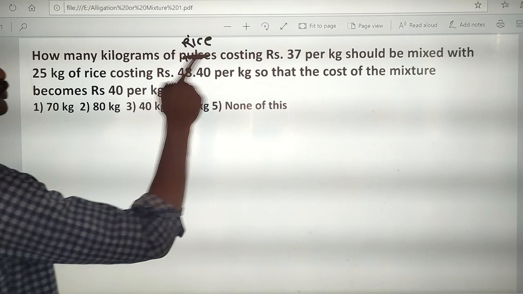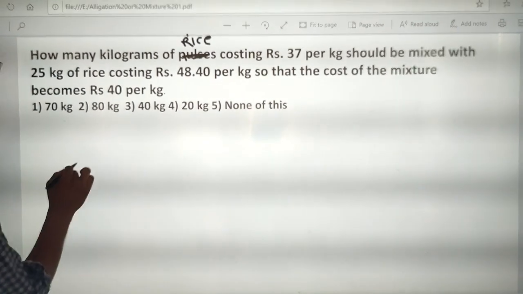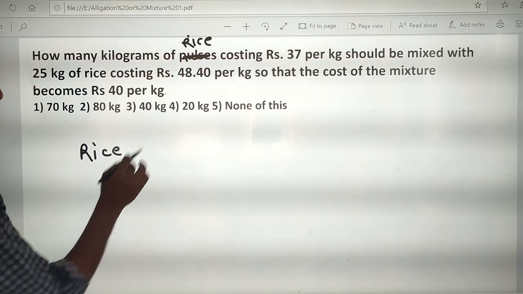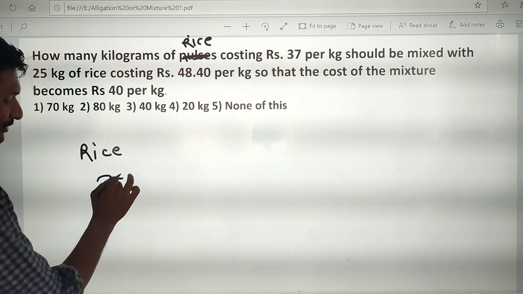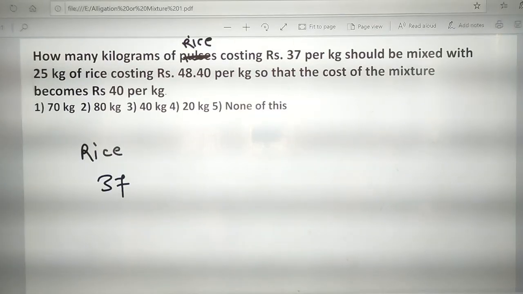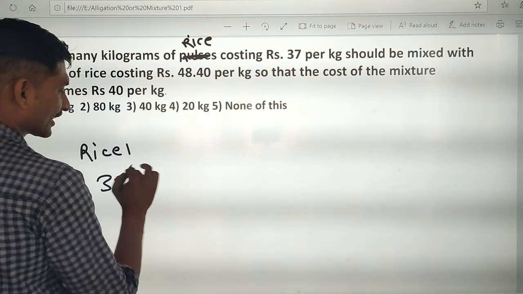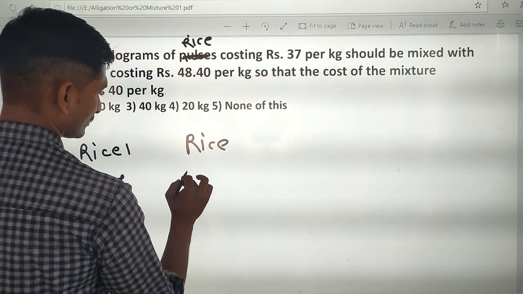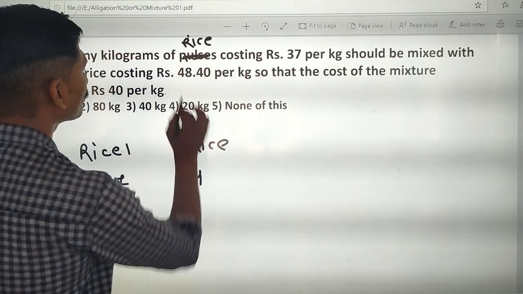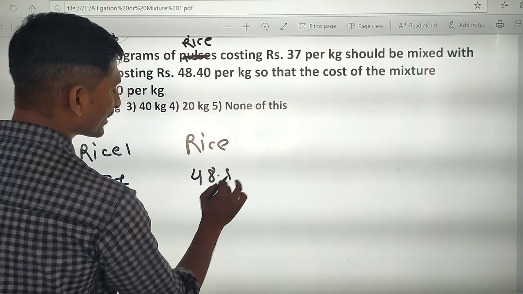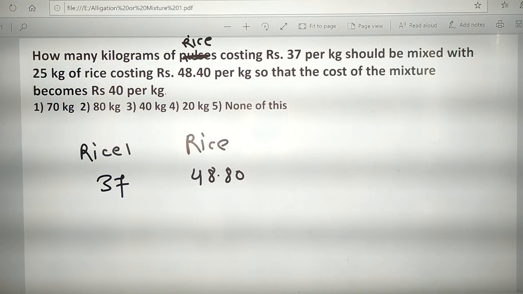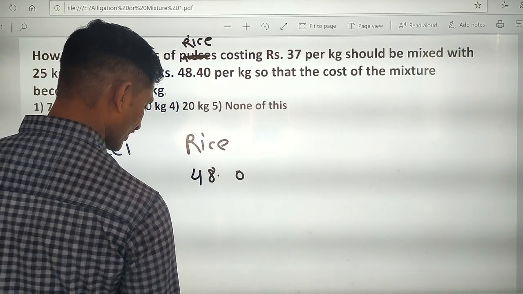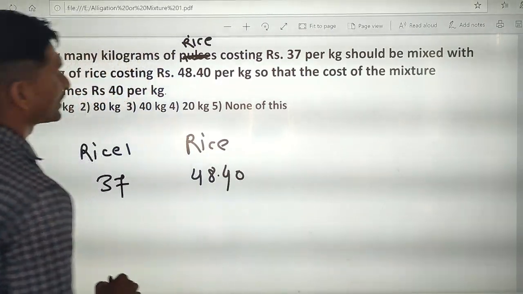Here we write two quantities of rice. Rice 1 costs 37 rupees per kg, and rice 2 costs 48.40 rupees per kg.